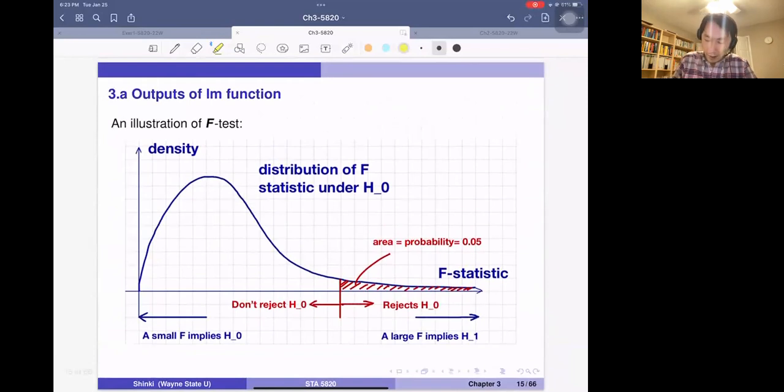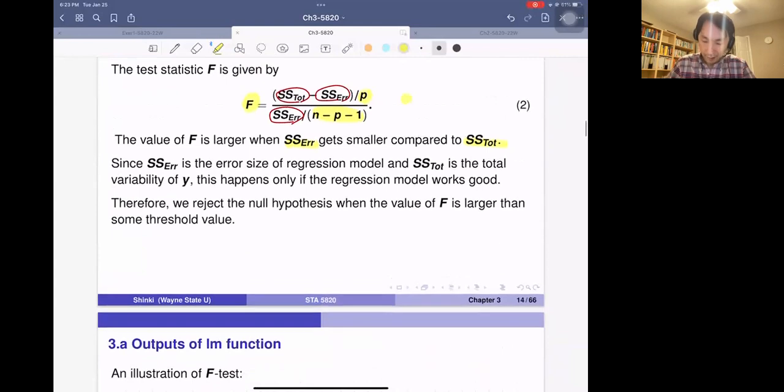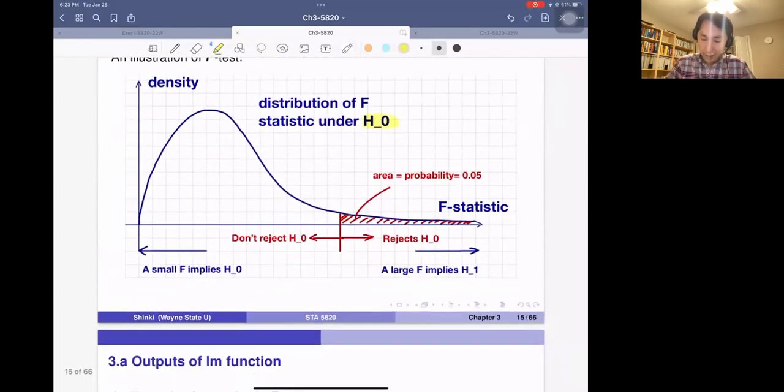So for the F test, if all of the predictors are useless, then the distribution of this F statistic becomes this. This is a right skewed distribution. Then the idea is that a smaller F implies H naught and a larger F implies H1. H naught means the predictors are not useful. H1 means predictors are useful.